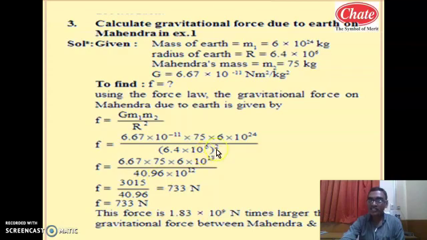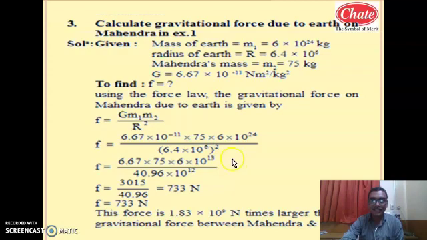10 raised to 6 whole square is solved by the laws of indices: a raised to m whole raised to n is a raised to m into n. Multiplying these powers, we get 10 to the power 6 into 2, that is 12. Solving this term by laws of indices, we get 10 raised to 13 divided by 10 raised to 12, that is 10 raised to 13 minus 12, because when 10 to the 12 shifts to the numerator it becomes 10 to the power minus 12.